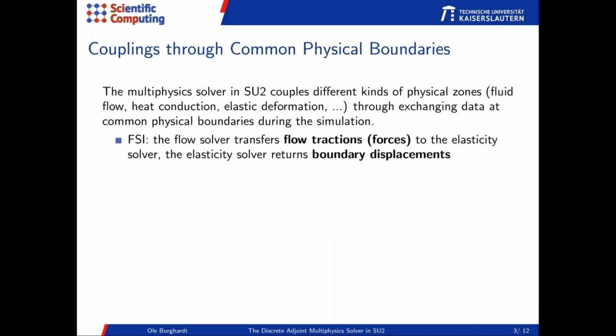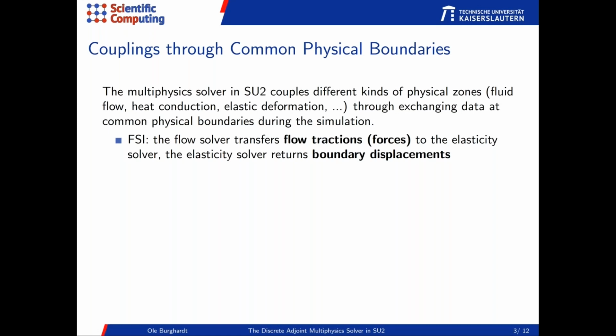Generally speaking, what most multiphysics problems that SU2 currently supports have in common is that they couple different kinds of physical zones through exchanging data at common physical boundaries during the simulation. Like in case of FSI, the flow solver transfers flow directions to the elasticity solver, and then the elasticity solver returns boundary displacements.